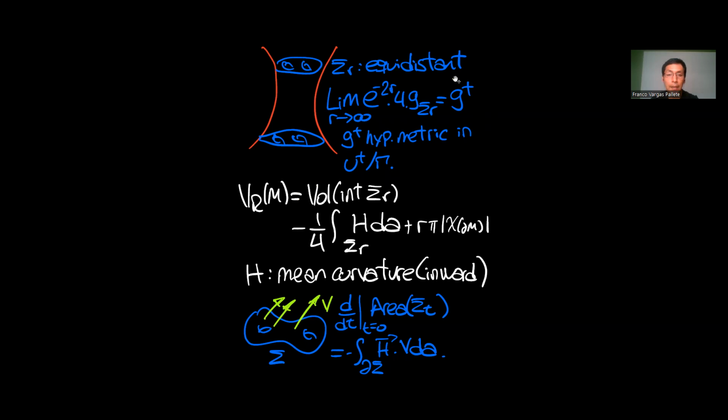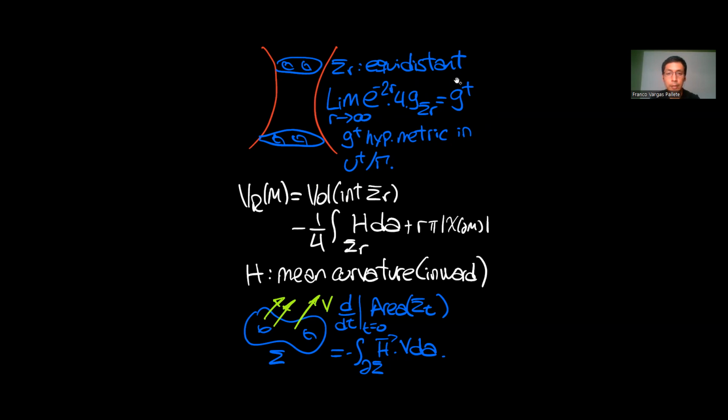And now I can select a very special equidistant foliation so that this particular metric at infinity, constructed this way, is the hyperbolic metric in the conformal structure. Here, by uniformization, given any compact conformal surface, there is a unique hyperbolic metric in that class.